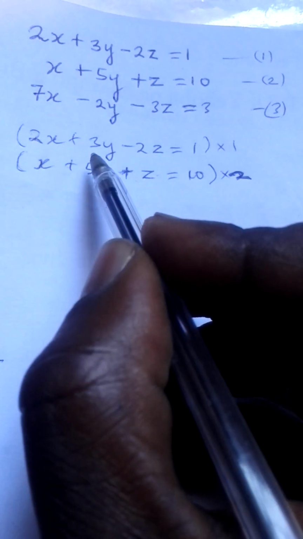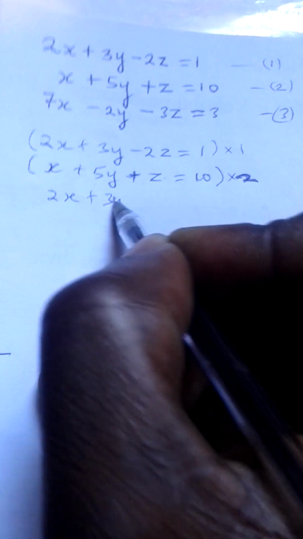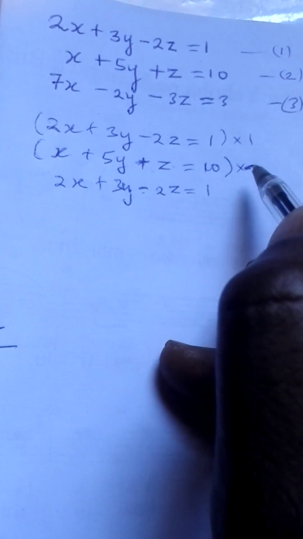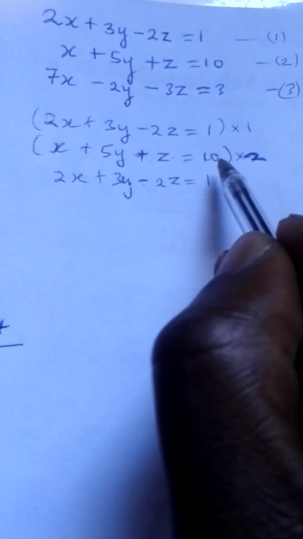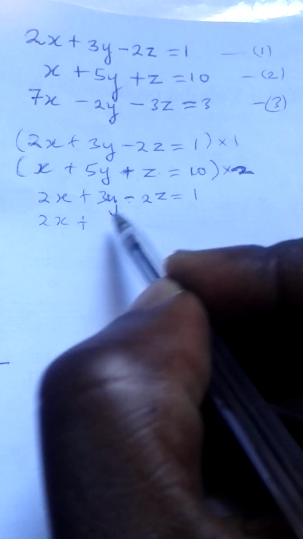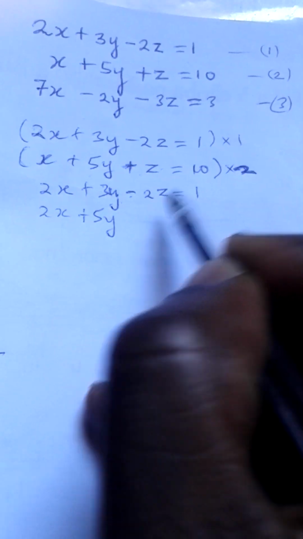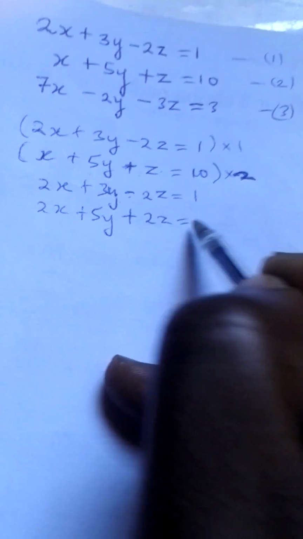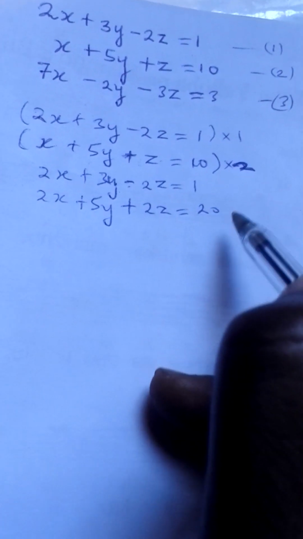So the first one is just going to be the way it is, which is 2x plus 3y minus 2z equals 1. And then the second one, 2 by x is 2x, 2 by 5 is 5y, 2 by z is going to be 2z, and this is going to be 20.